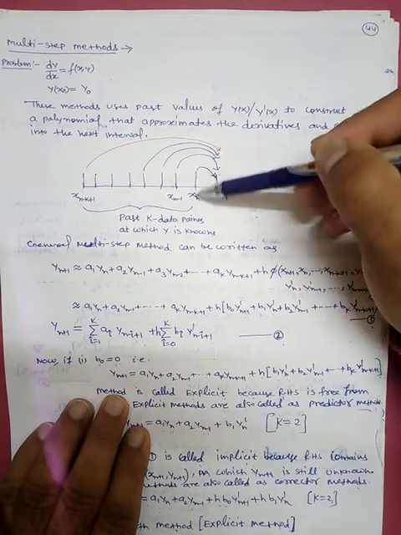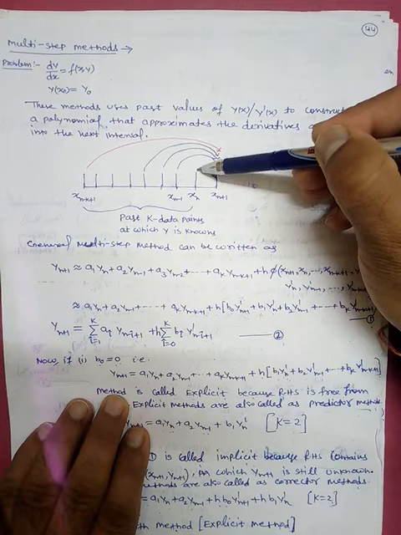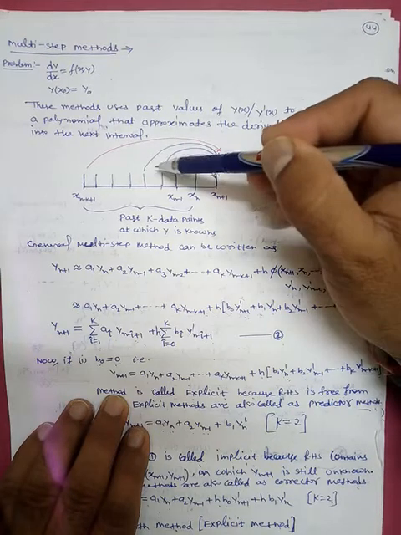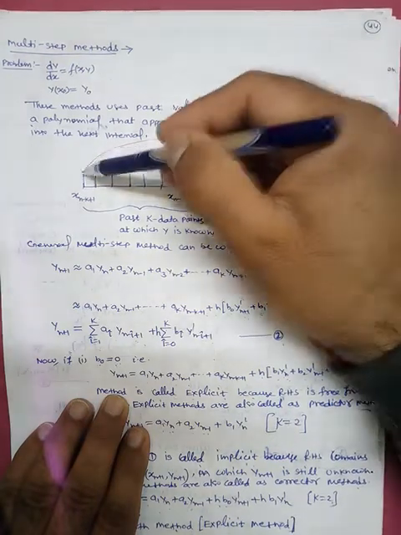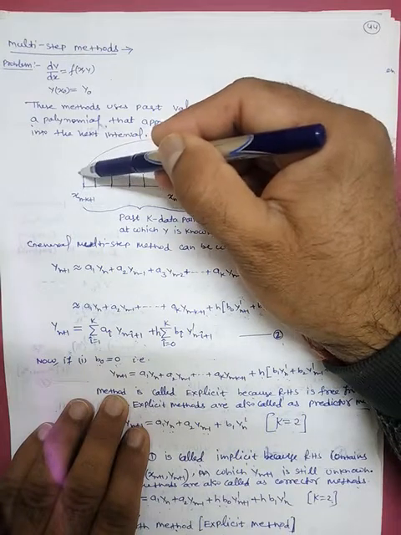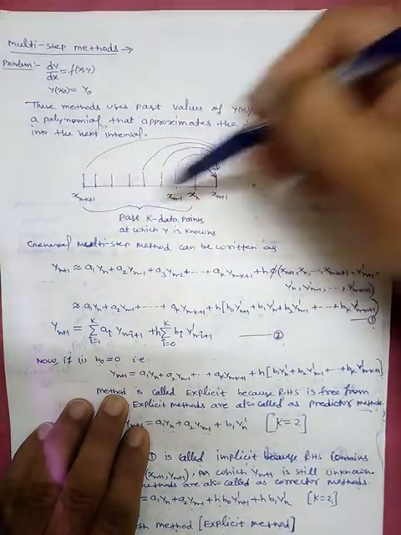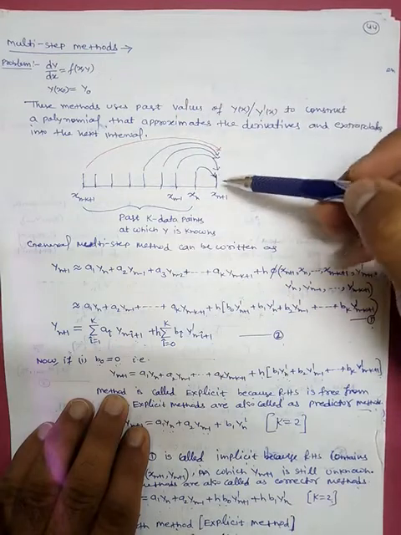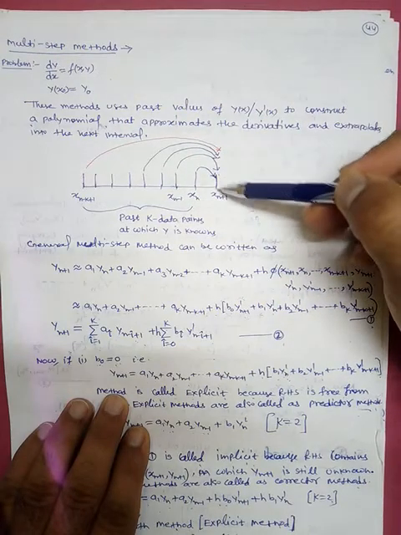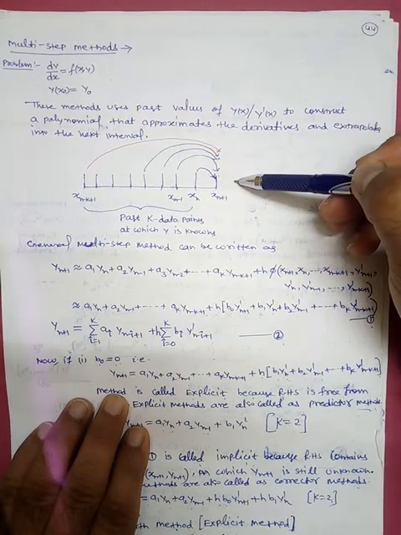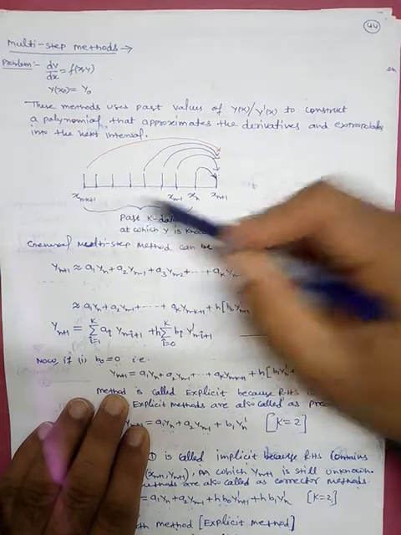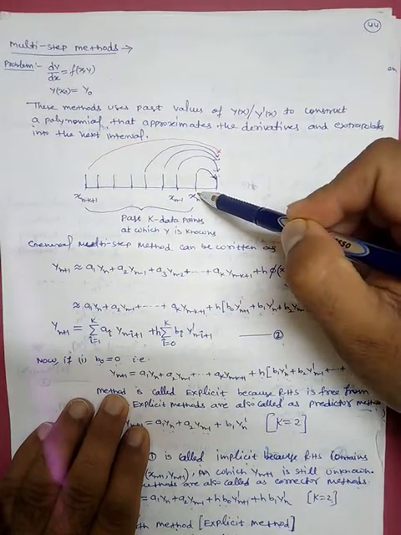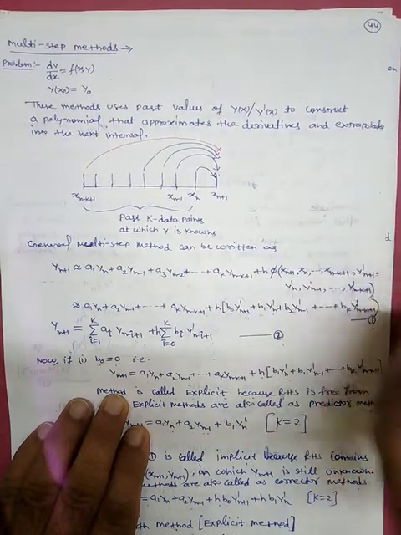That means we are aware of the values y n, y n minus 1, y n minus 2, up to y n minus k plus 1. We are already aware of these points, and the target is to predict the value at this point, that means y n plus 1.